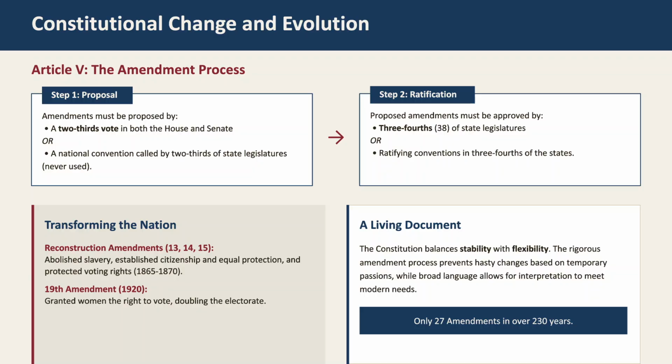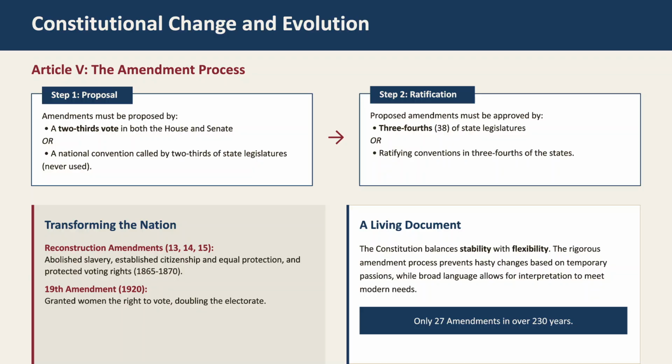Now, one thing that the framers who drafted the Constitution understood is that the nation would change. So they provided a mechanism for future changes or amendments to the Constitution in Article 5.